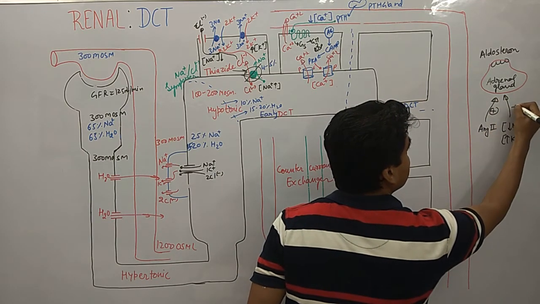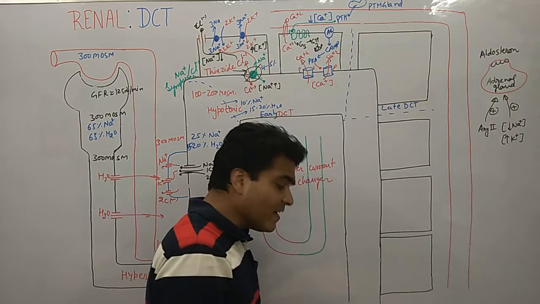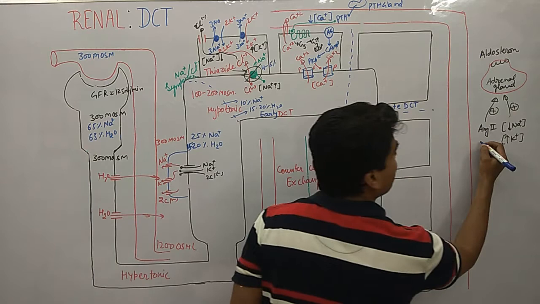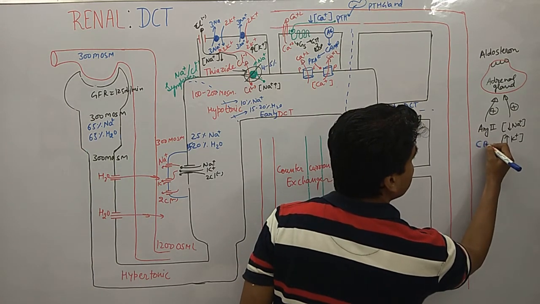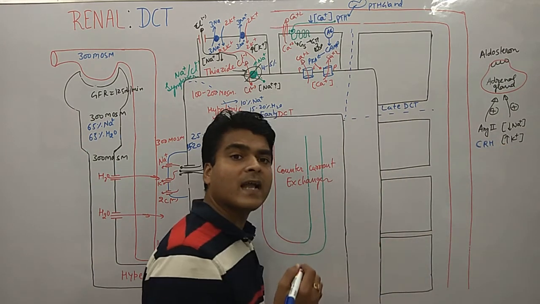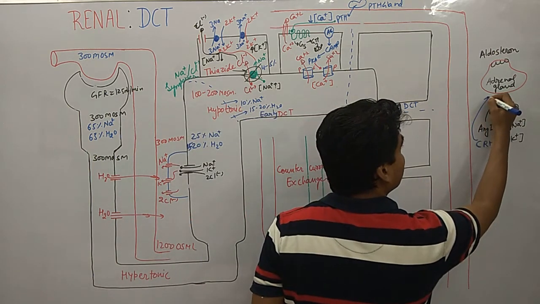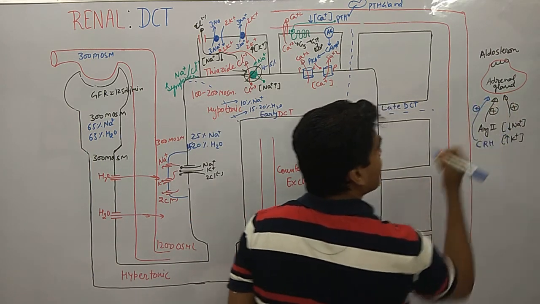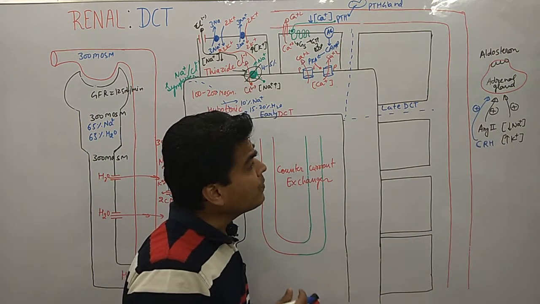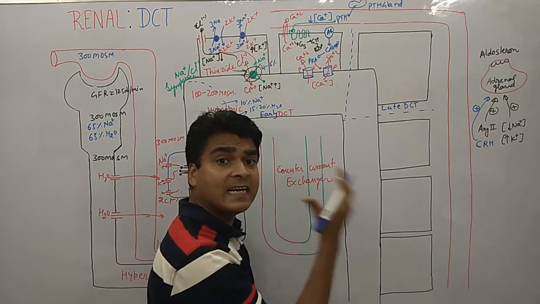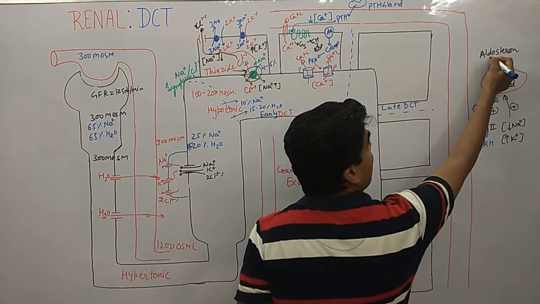Another important hormone, corticotropin releasing hormone, CRH, also activates the aldosterone gland. Due to the activation of these 3 conditions, aldosterone is released.